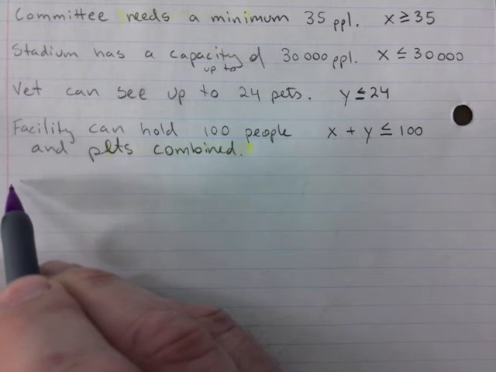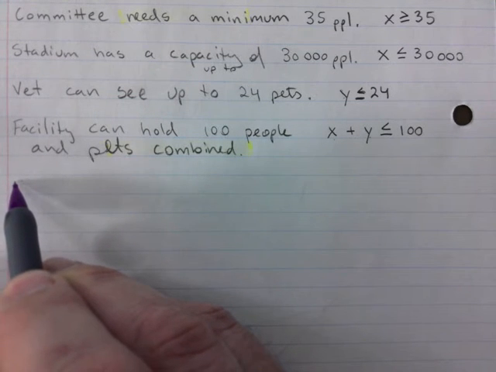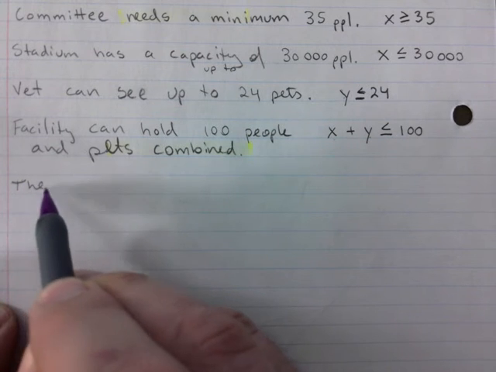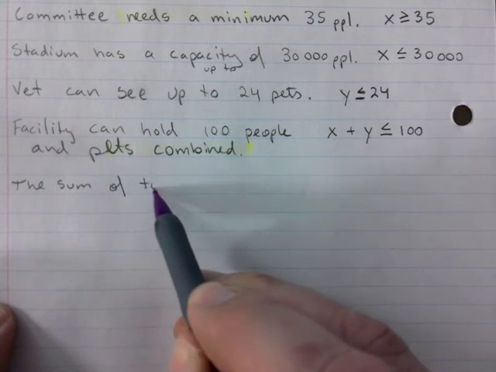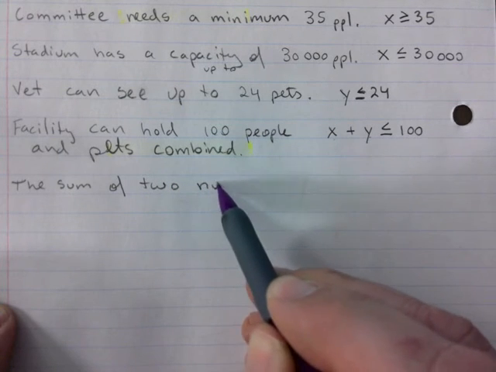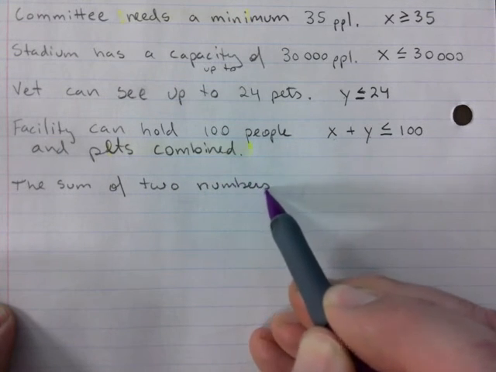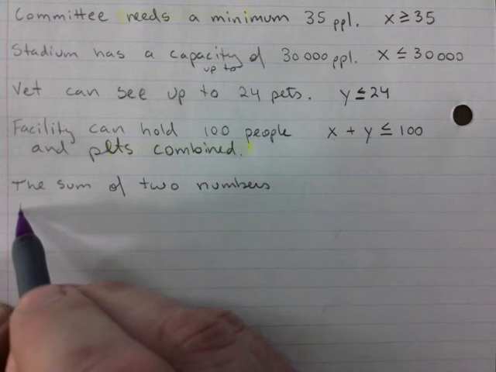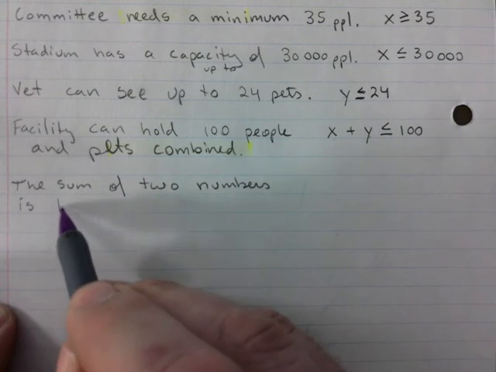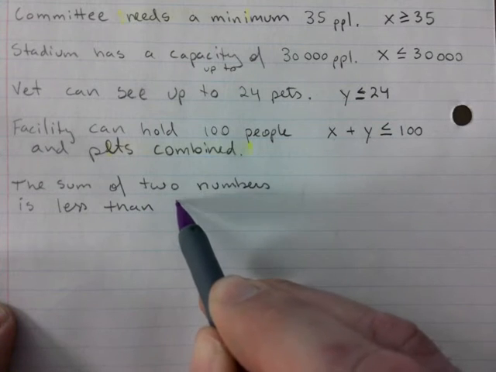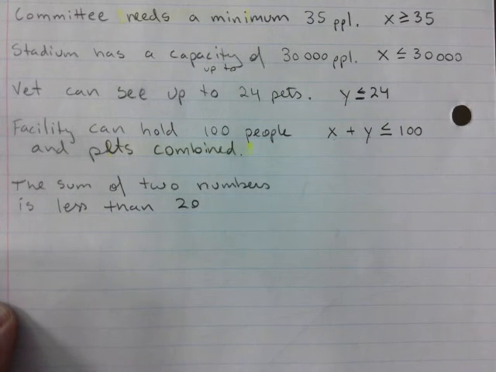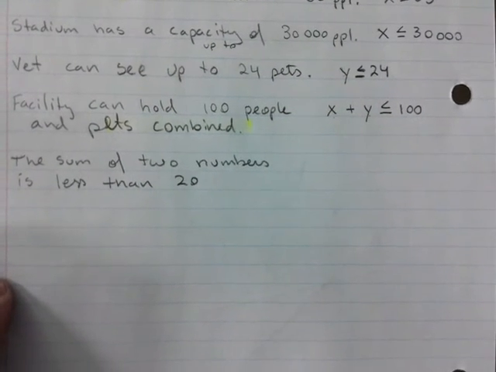This is a different question, okay? The sum of two numbers is less than 20. If you saw a statement like that, the sum of two numbers is less than 20.